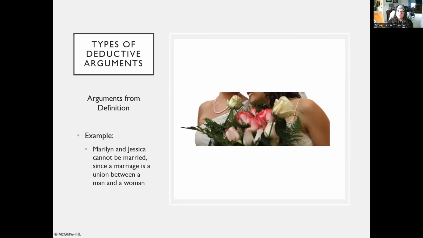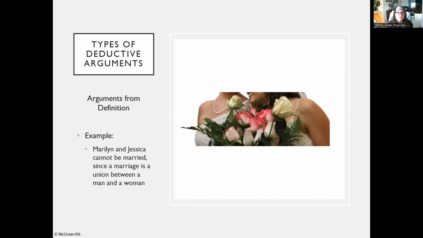Now, if you think back to what we learned about arguments from definition, you first have to make sure that everyone is in agreement upon the definition. And that is where this issue culturally comes into play, is that it is the definition itself that is in question at times, right?